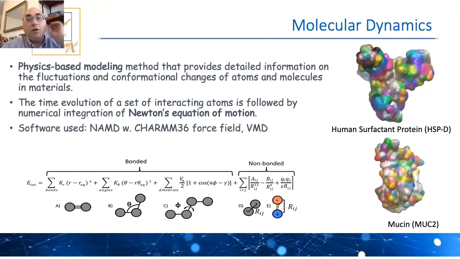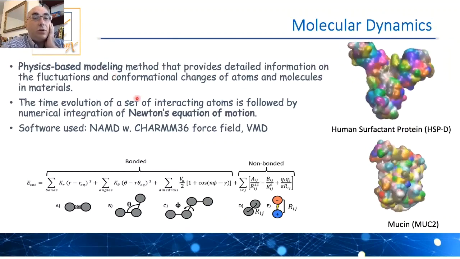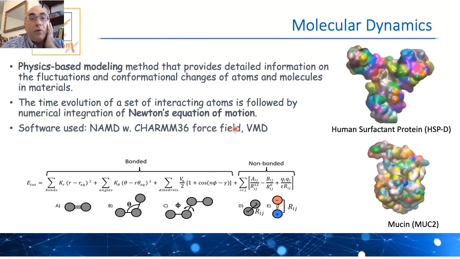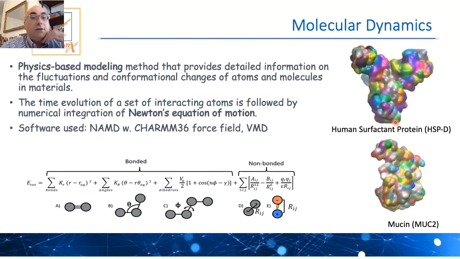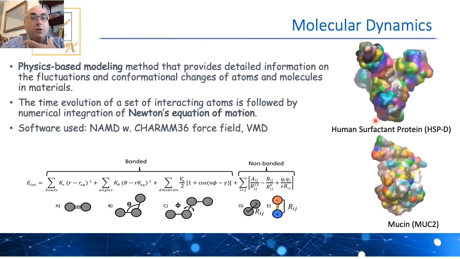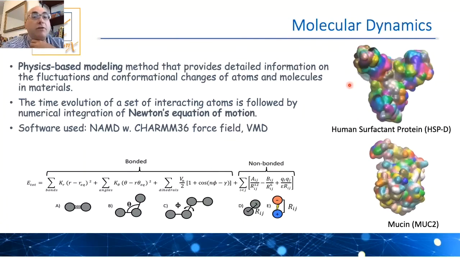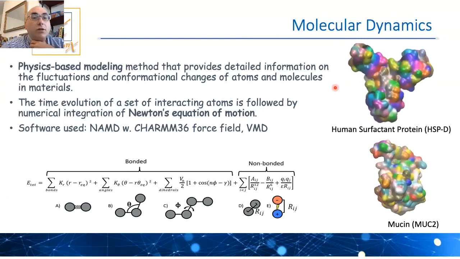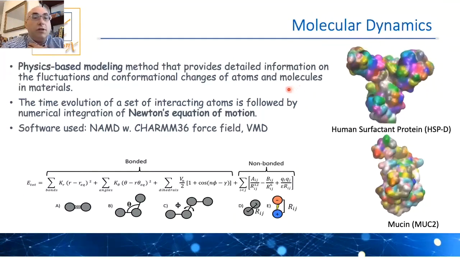In order to get a more realistic description of our proteins, which are dynamic quantities, I want to emphasize that people are very familiar with frozen X-ray derived structures, X-ray crystallography derived structures of proteins that are available in protein data bank databases, for example.